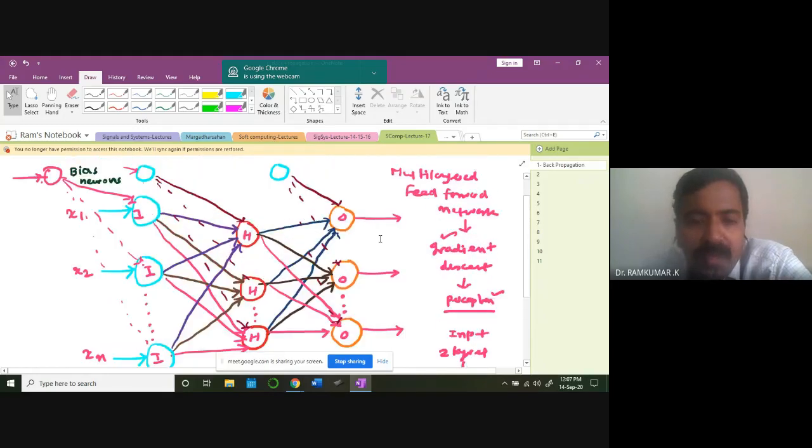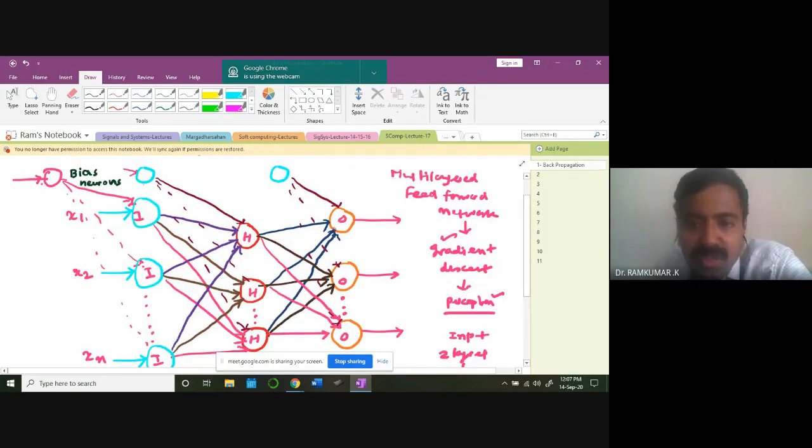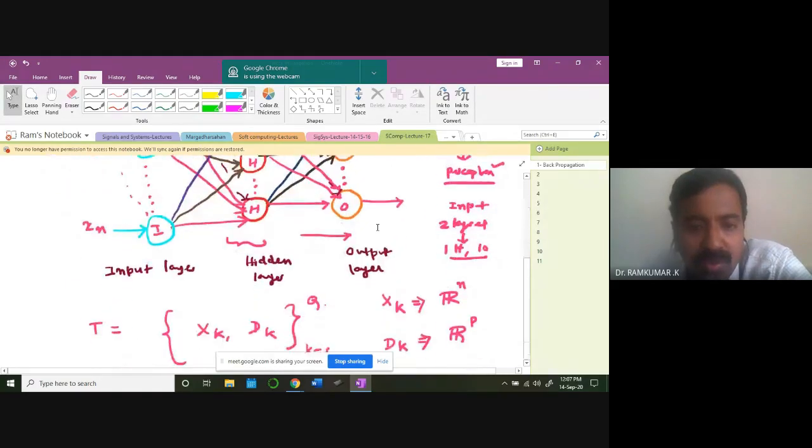So be very clear about some of the notations that I'm going to tell you right now. Now look at the kind of data set we are going to handle. This T is going to be the set of pairs XK, DK. What is XK? XK is the pattern of input and DK is the desired pattern of output.